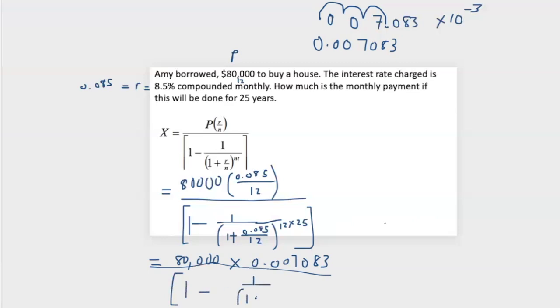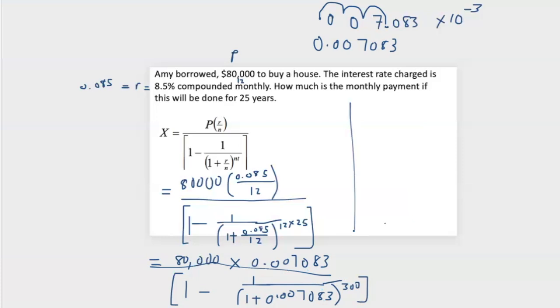This is going to be 1 plus 0.007083. Because this is the same thing. And 12 times 25, that is 300. So I have raised to the 300.